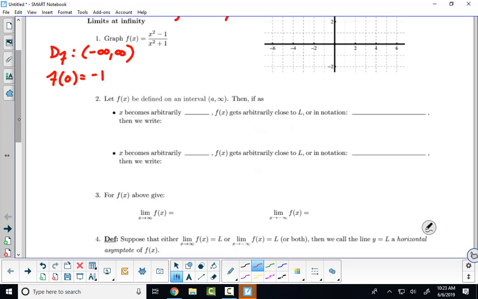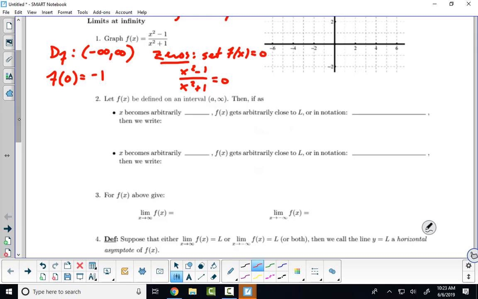Okay. Let's find the zeros of this thing. How do you find the zeros of a function? You set the function equal to 0, right? Well, that happens when x squared minus 1 over x squared plus 1 equals 0. What is the general form of the expression on the left there? It's a fraction, right? When is a fraction 0?